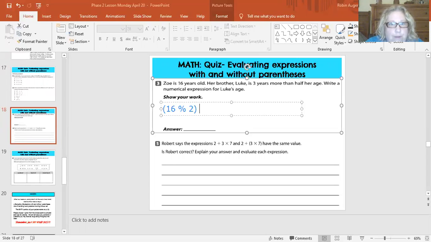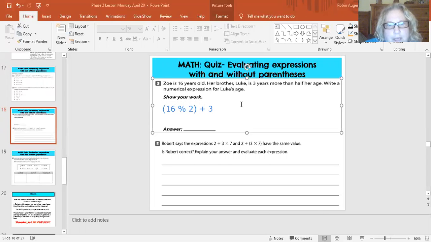So once we figure out 16 divided by 2, his age is actually going to be 3 more years than that. So plus 3. There we have our sentence.